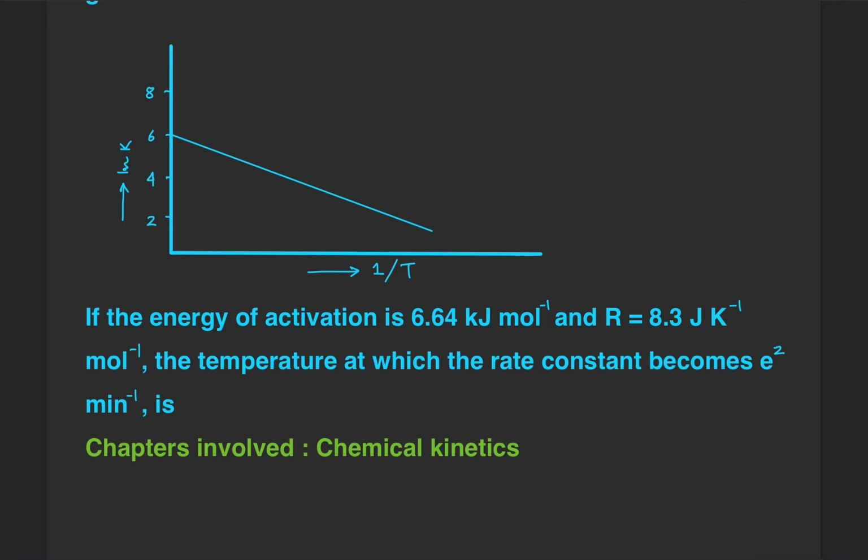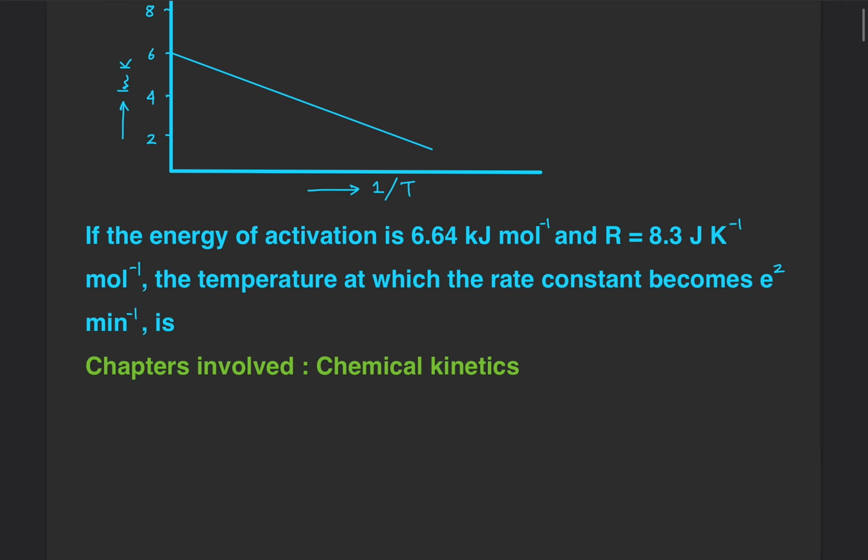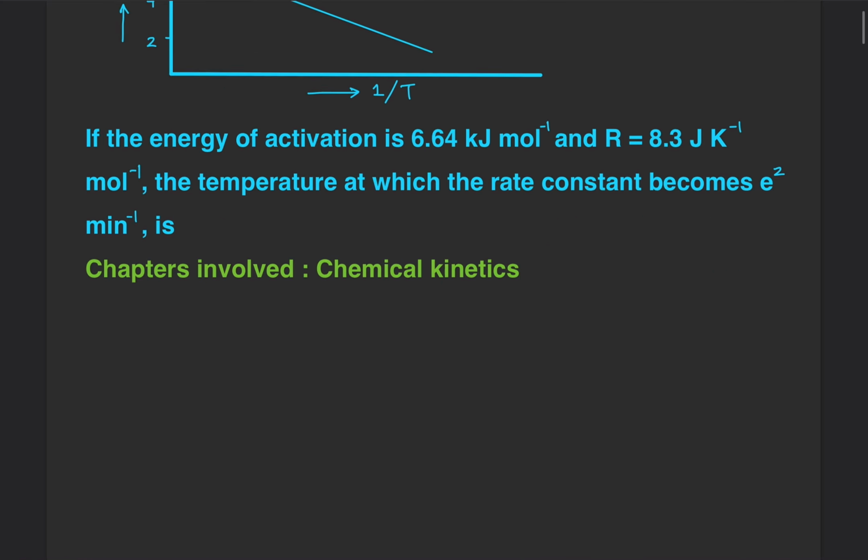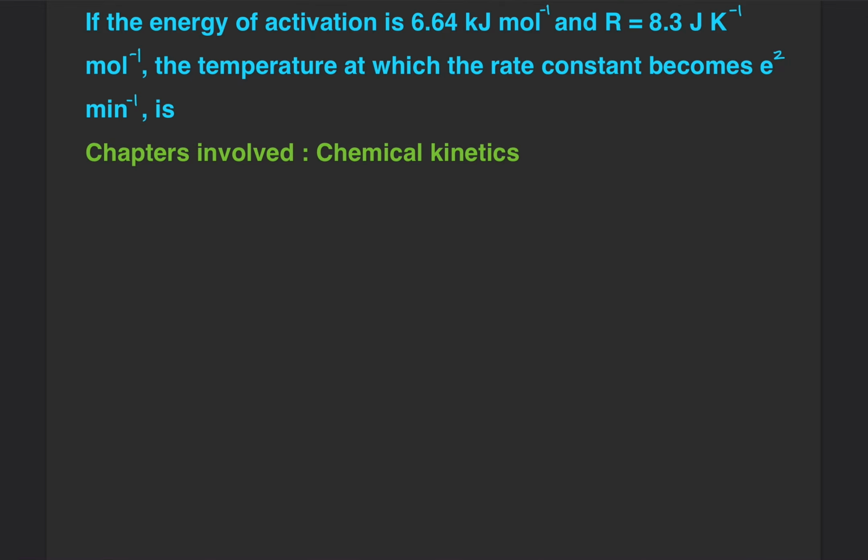So the chapter involved is chemical kinetics. According to the Arrhenius equation, we know that k is equal to A e to the power minus EA divided by RT.